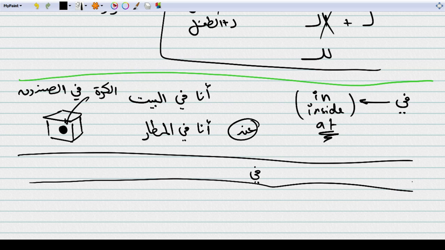Okay, we have one more, actually two more. And we're done. Okay, so the next one is B, and we call it باء السببية, which means the causal B. Maybe I'm wrong.